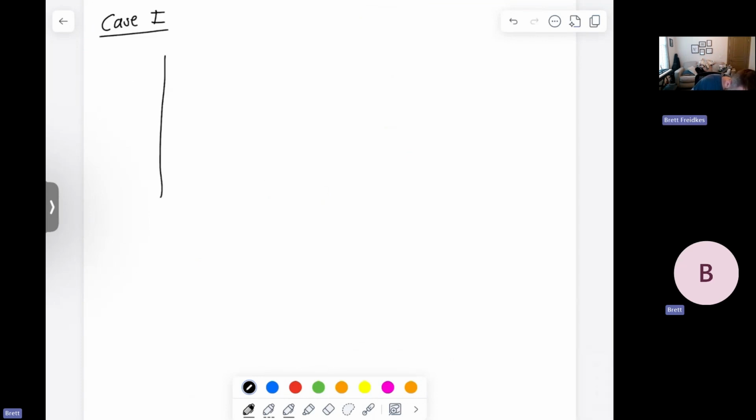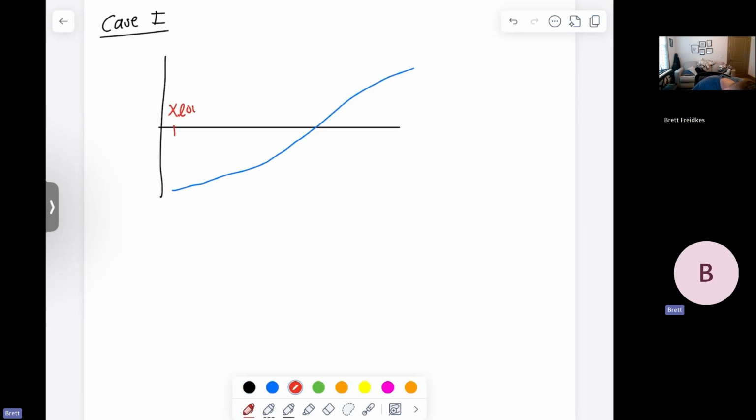Let's say that I have a graph where I have some function, something like this, maybe something like that. And I say this is x low, this is x high, and I know that the function value at x high is positive and the function value at x low is negative.